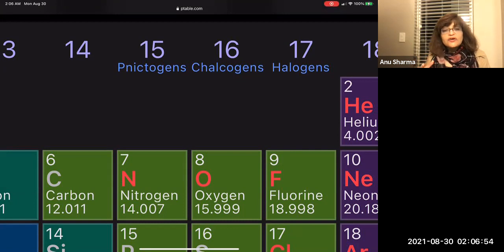We will study this octet more, but just so you get introduced to it, nitrogen will only make 3 bonds, because 5 plus 3 is equal to 8. So nitrogen will make only 3 bonds. It will have 5 valence electrons, but it only needs to make 3 bonds.